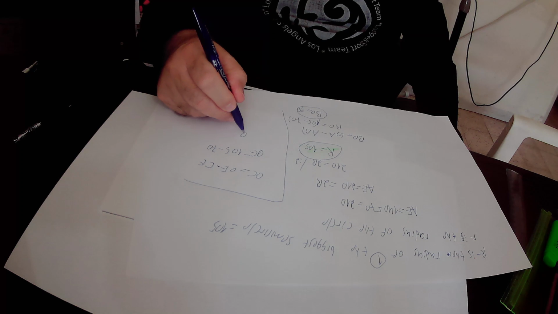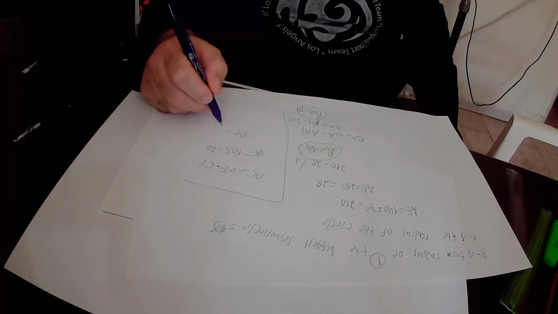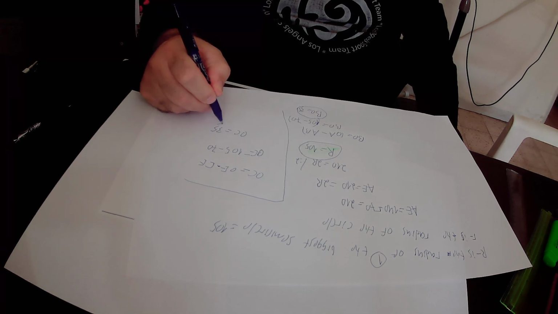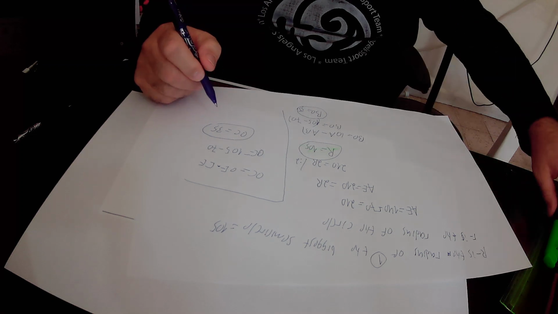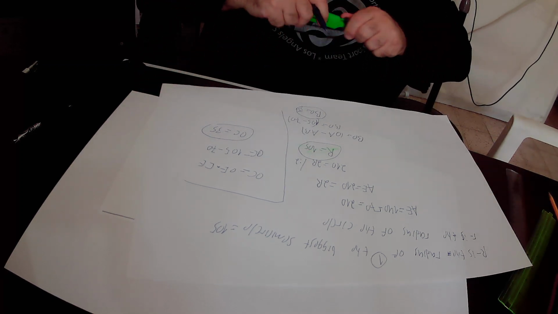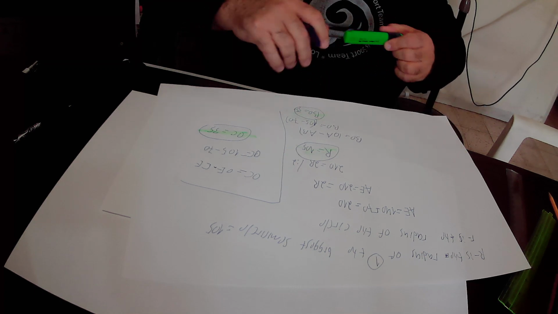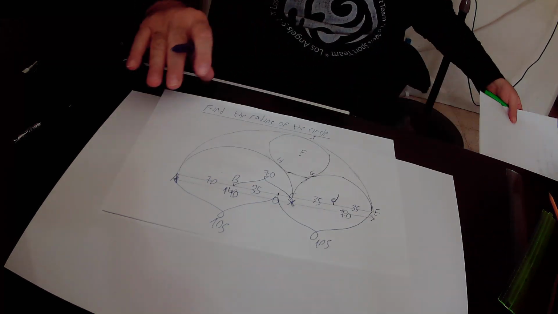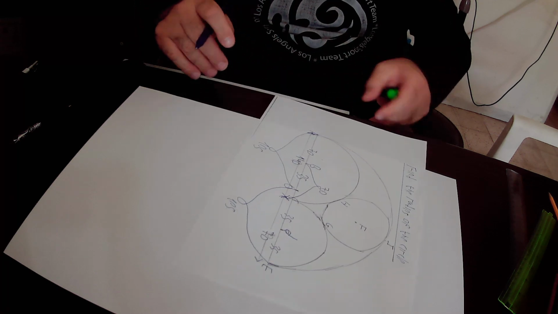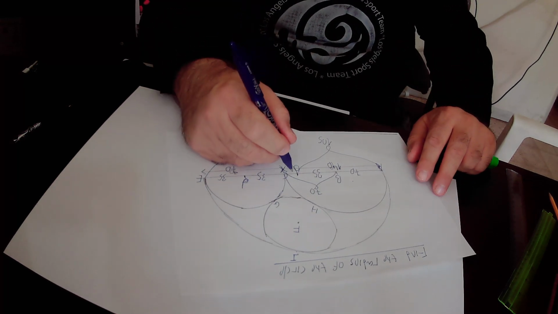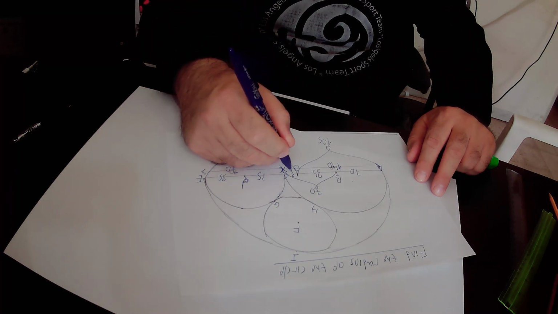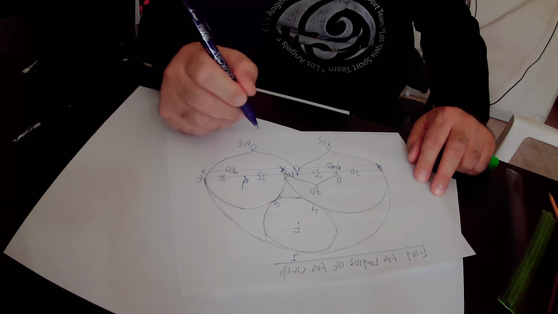So OC equals 105 minus 70, that is 35 units. We found out that line segment OC equals 35 units in its length, so we write it down in the original drawing: OC equals 35 units in its length.